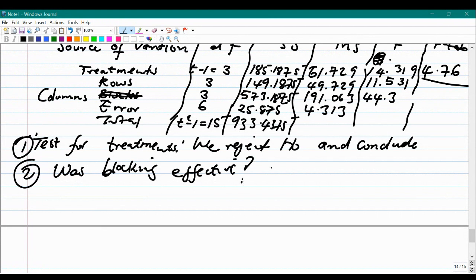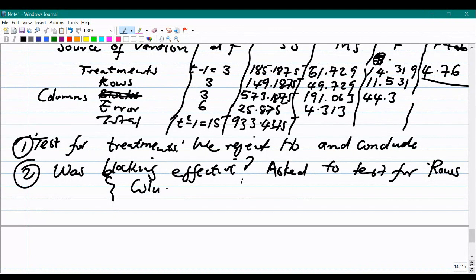Was blocking effective? So it means you are asked to test for rows and columns. When blocking by rows, you must indicate that you are testing when blocking by rows.